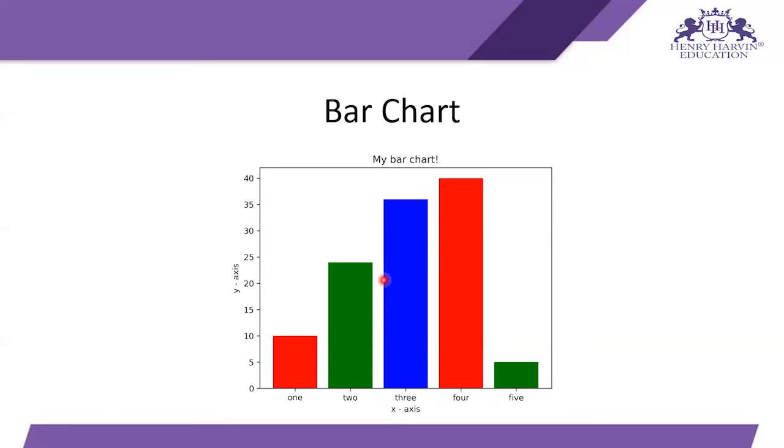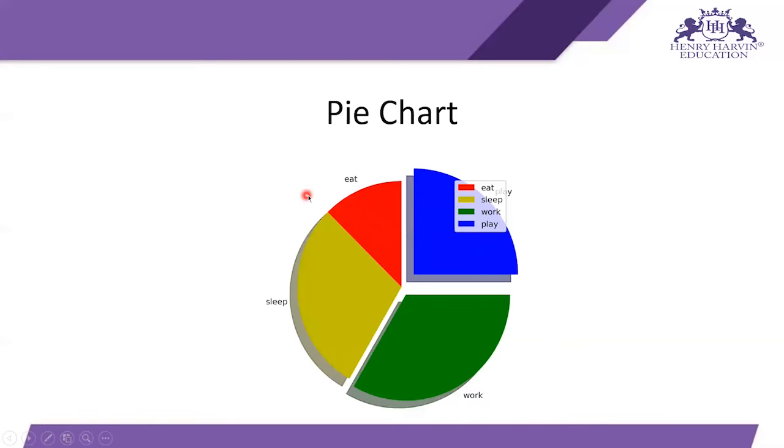If we have data, I'm going to show you how we make this bar chart. And next comes the pie chart. Sometimes we have to make pie charts, and this is how we make them. If we have more labels, we can make a pie chart for n number of labels.